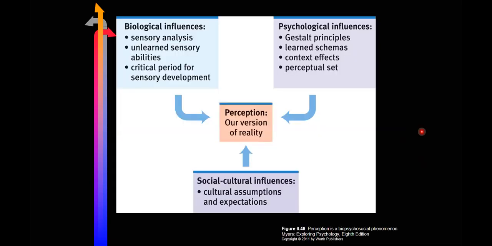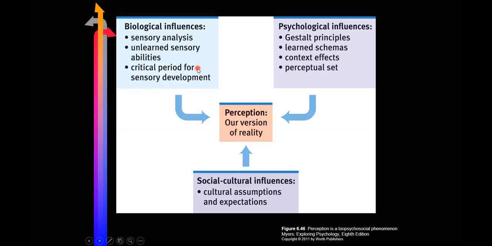Okay, so let's just sum up. Biological influences on perception include our analysis of sensory information, unlearned sensory abilities, we'll get to that in a minute, and critical periods for sensory development. I might mention that, I didn't mention it before.